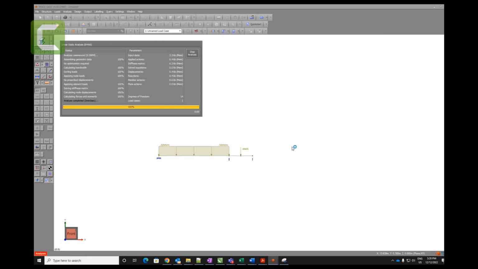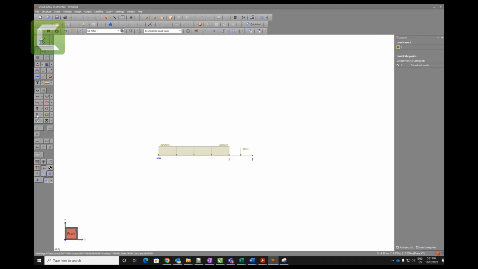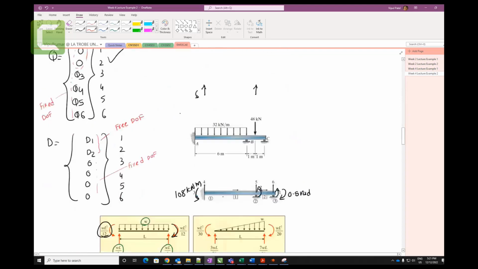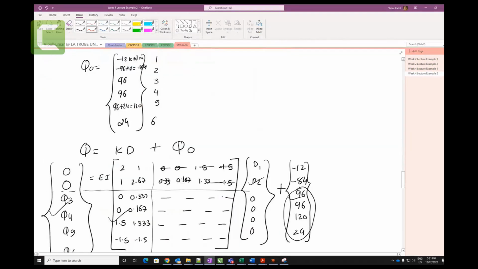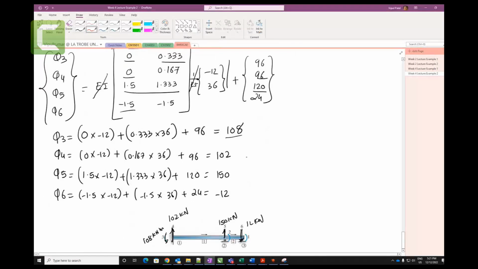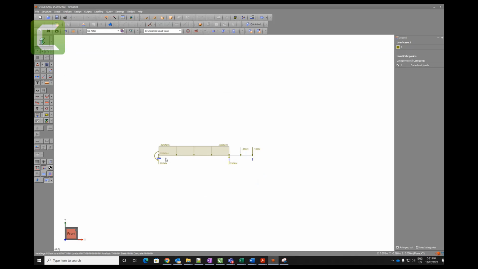OK. Now you want to see the reaction forces. You can see 102, 150. Look at that. 102, 150 at Q4. So Q4 here, 102.